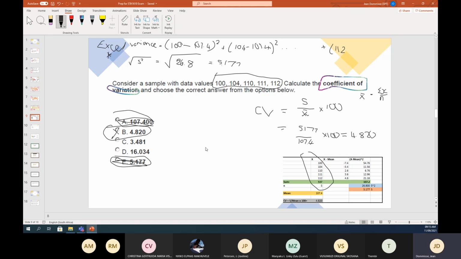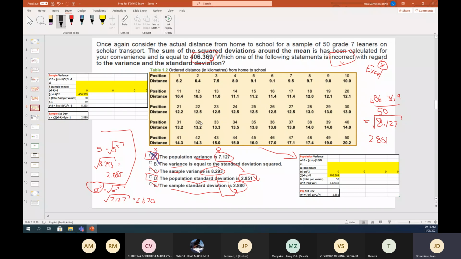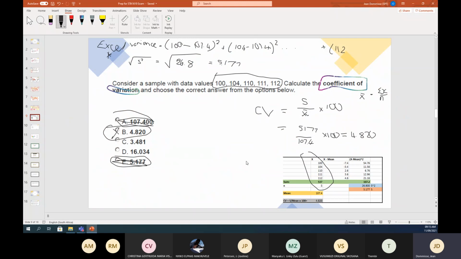One thing you can be sure of is they won't give you a data set like this and ask you to work out the coefficient of variation. There's no way.